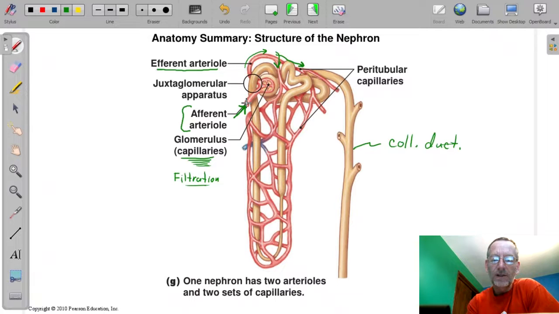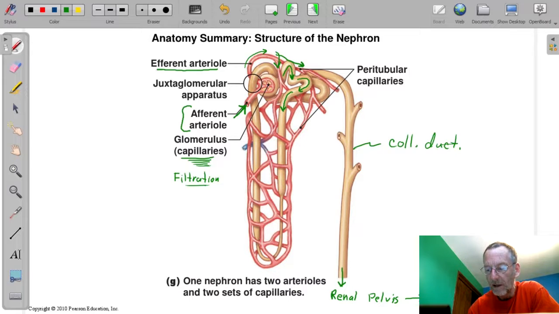So we filtered glucose, we filtered sodium out of the blood, and all of that is now flowing through the tubules. And if we don't get the glucose out of the tubule, it's going to go into the ureter and off to the bladder, because that's where this is going. This is going into the renal pelvis at the end of the collecting duct. Renal pelvis, and that goes to the bladder and then the toilet.